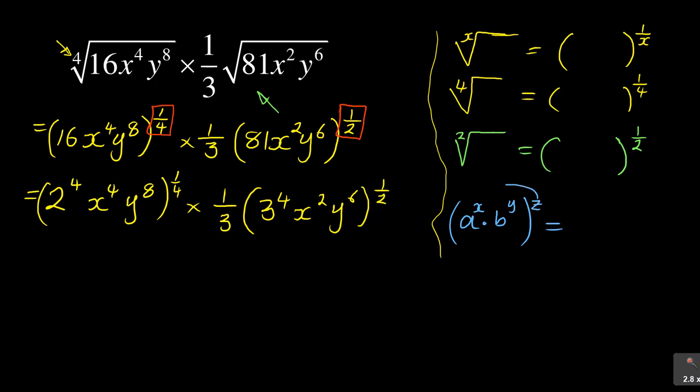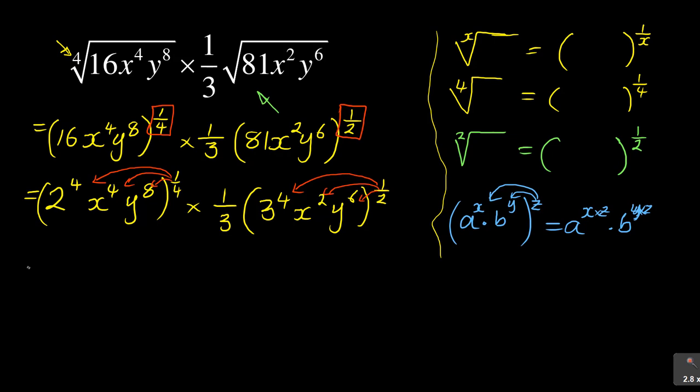This particular z will multiply x and it will multiply y, so that it will be a to the power x times z, b to the power y times z. So you can see that the z is multiplying x and y. So similarly, here we have got 1 over 4 multiplying each and every exponent there, and then we've got also 1 over 2 multiplying each and every exponent there.